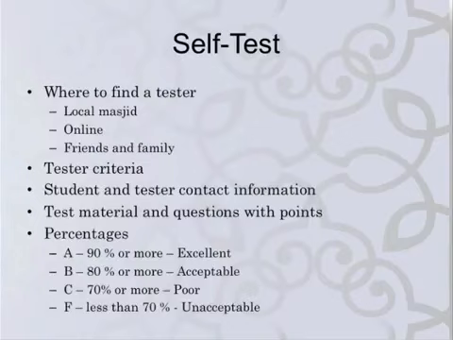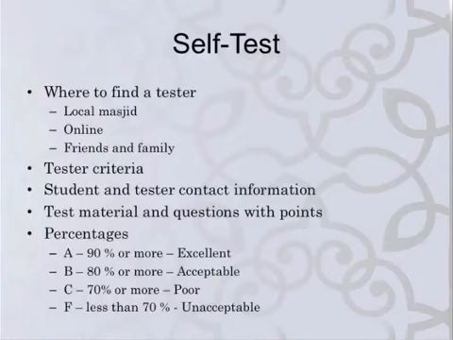It means that your percentage of the total points is at 90% or more, which means it's excellent, that you are proficient, highly proficient in that lesson. A B, which is 80% or more, is considered acceptable. It's okay. You did very well, but the C's and F's are where you don't want to be. With C, it's poor.